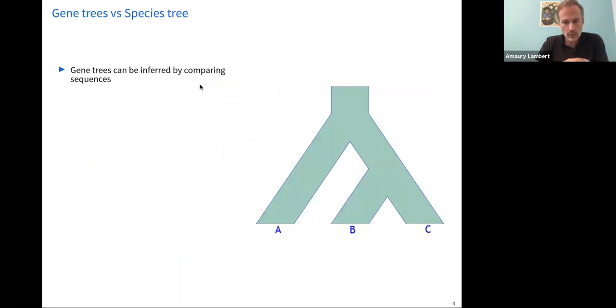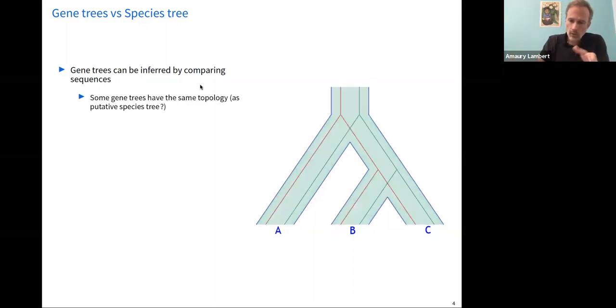So here on the cartoon you can see one species tree, like a toy tree with three species. You may remember from lecture 1 that gene trees could be inferred by comparing the sequences, with the idea that sequences that have a distant time to most recent common ancestor are more different from each other.